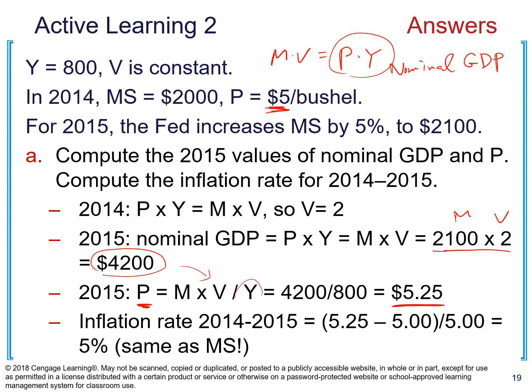And then see here, 5.25 minus $5 divided by 5. That is 5.25 minus 5 is 0.25 divided by 5. Yeah, this is 5%, right?